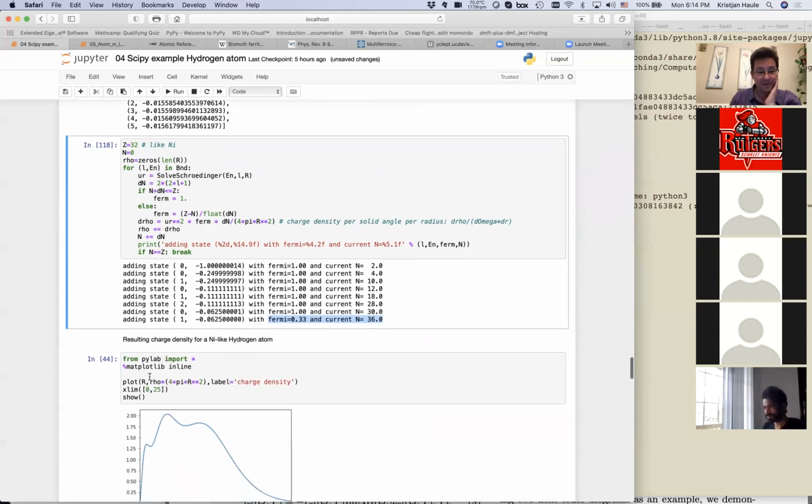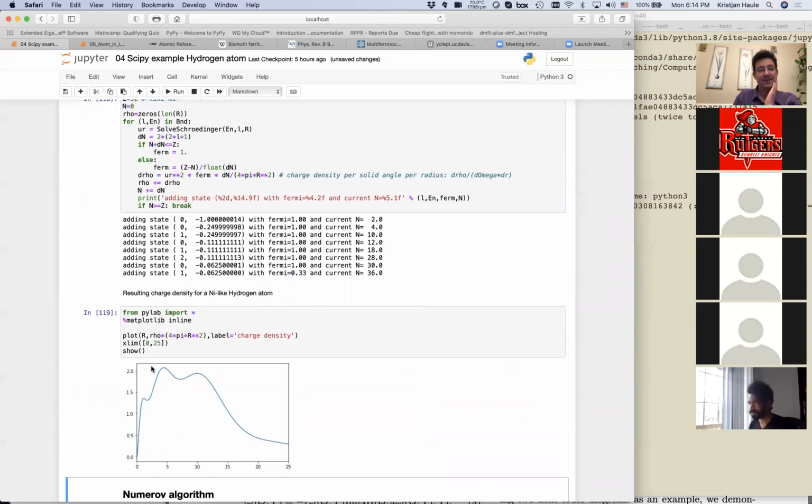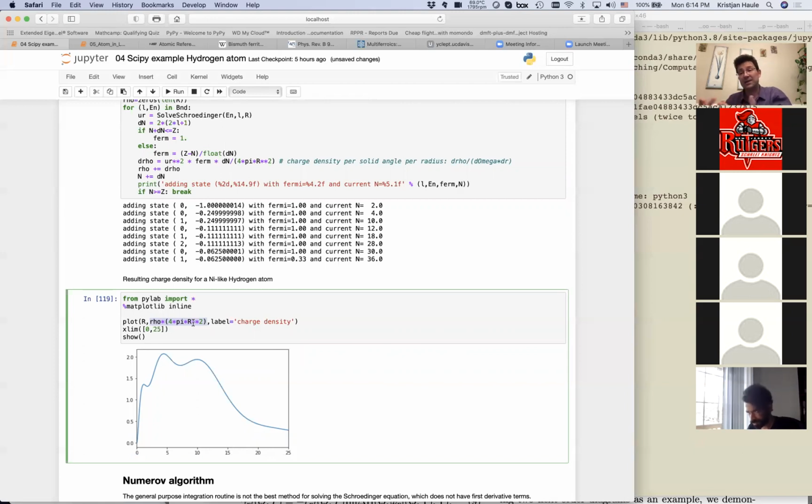Now, of course, we can now plot this charge density. We use from pylab import star and so on, but basically we're just plotting r rho, and now we multiply rho with 4 pi r squared. So basically now it turns out that for plotting, it's better to plot the charge density not per point in space, but per r in space.